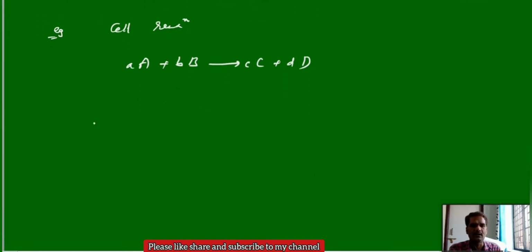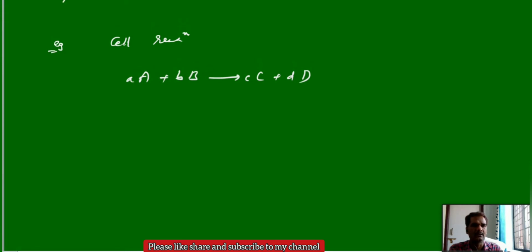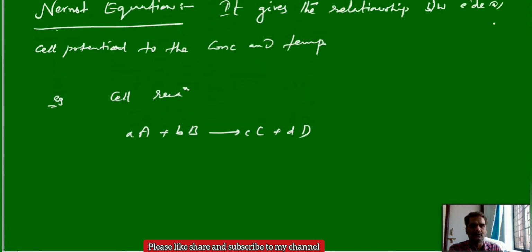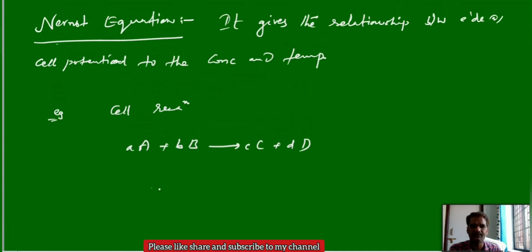Here, according to the thermodynamics data, you can write the thermodynamic relation for this, that is delta G is equal to delta G naught plus 2.303 RT log Q. What is the Q here? Reaction quotient, that is the products' concentration by the reactants' concentration according to chemical equilibrium.